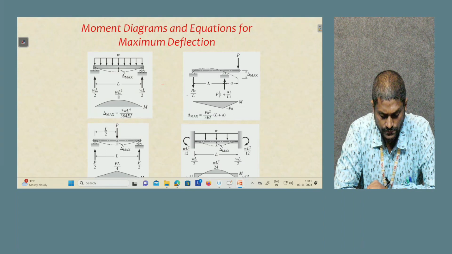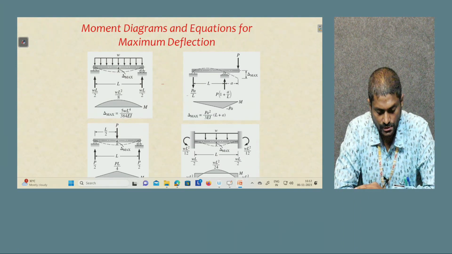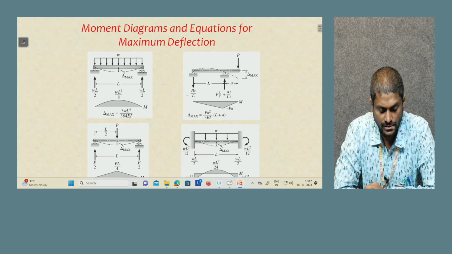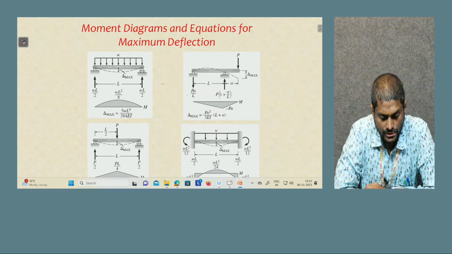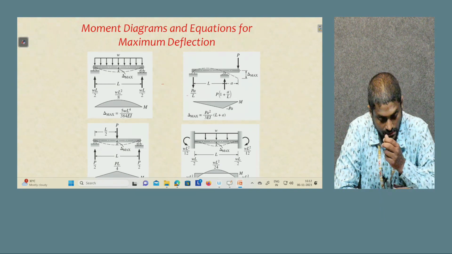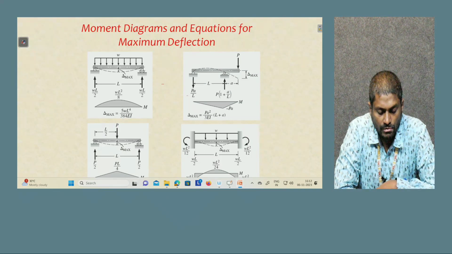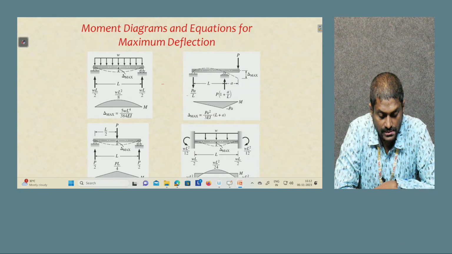The bending moment diagram is going to be minus Pa, just P into a, and the bending moments at both ends are going to be 0, so you will only have it at the internal support, especially wherever you have the overhang. Then delta max equals Pa square by 3EI into L plus a. That a distance is from the internal support to the overhang portion.